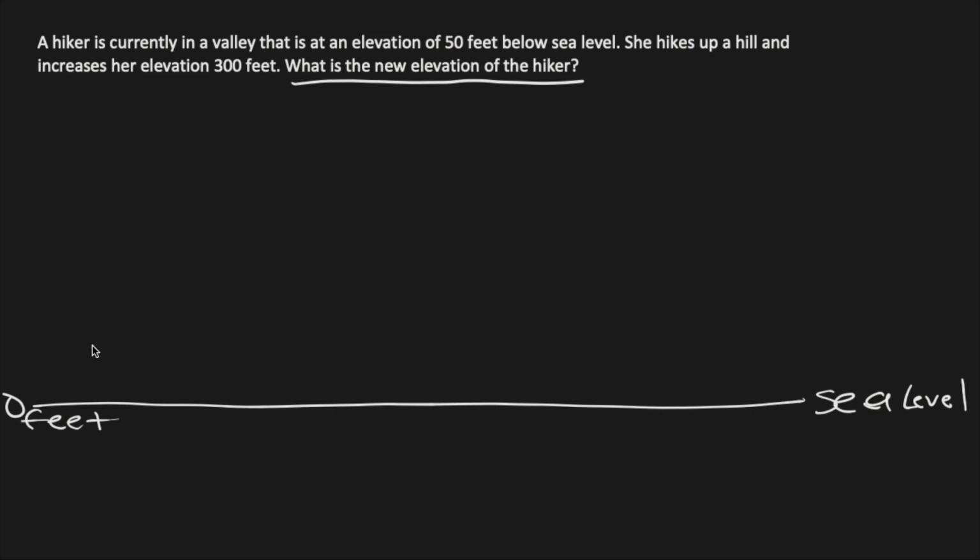All right, so the hiker is at an elevation of 50 feet below. Let's use a different color. Maybe we can use brown. So we're simulating a hill or a mountain or some kind of surface.